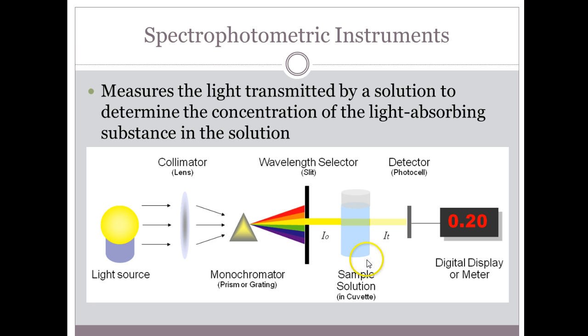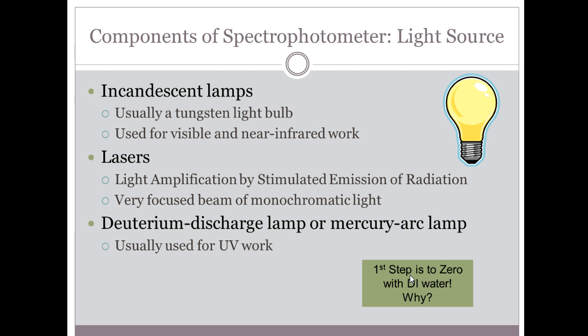Here's our beer. Okay, the sample solution is in a glass container called a cuvette. We shine the light through. It's picked up by a photodetector, how many photons of light are bouncing off of it, and we have a digital display or meter. Fortunately, we have fancy enough equipment that it turns the percent transmittance into this absorbance number for us. Okay? So, some of the things inside the spectrophotometer, we have a light source.